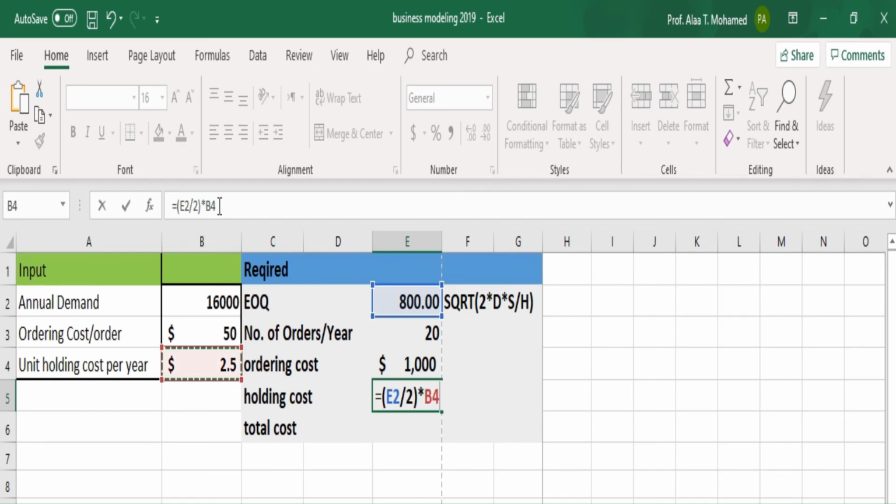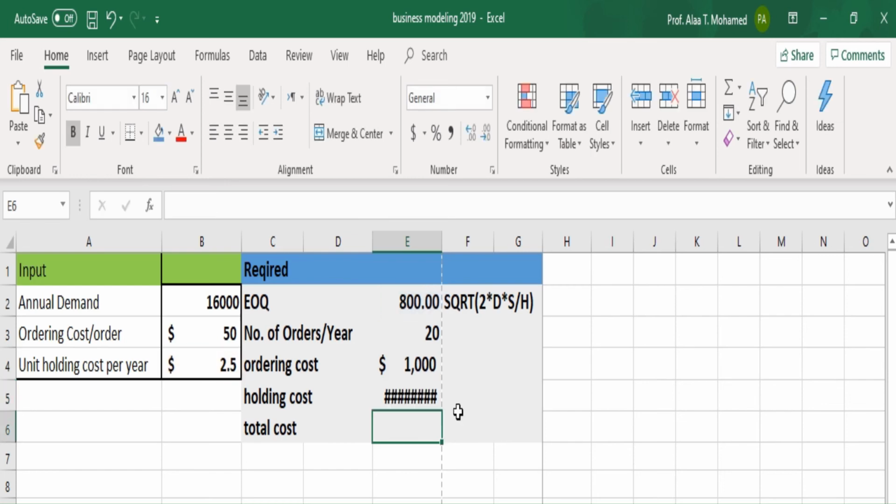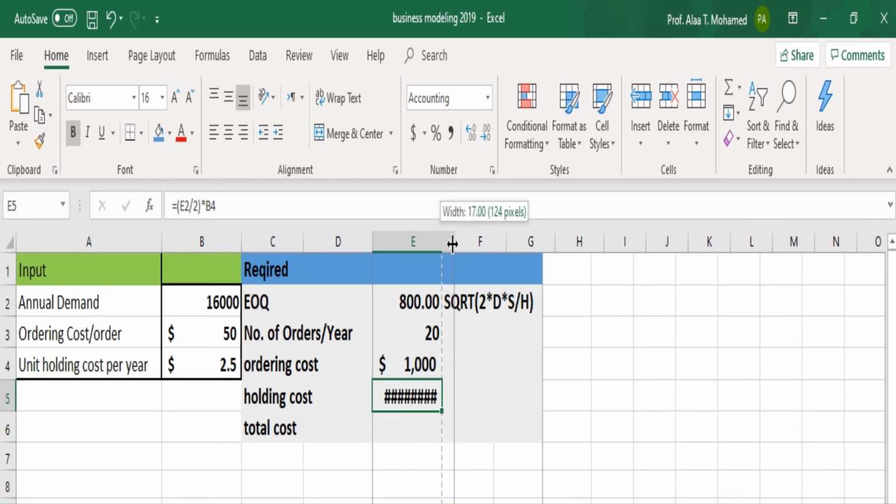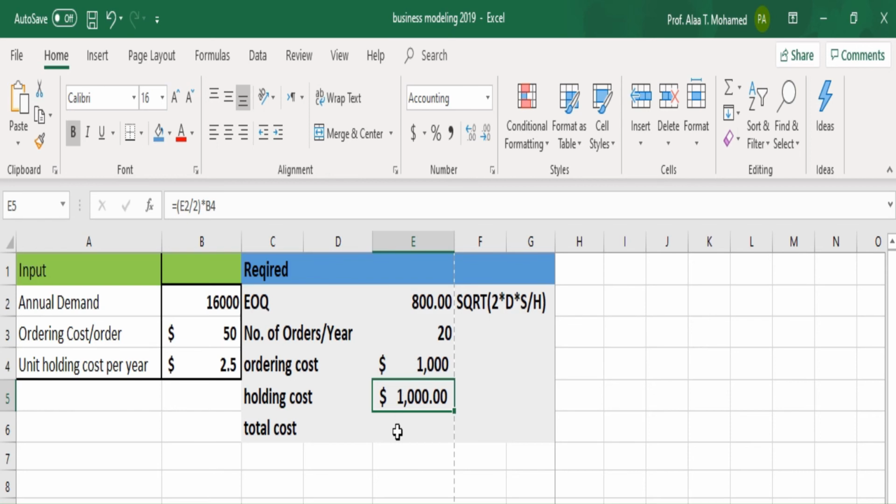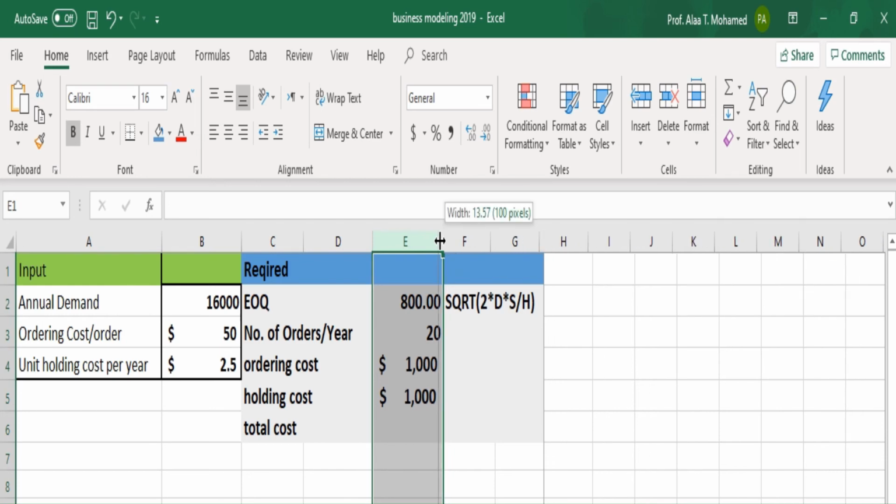So your formula will be holding cost, average holding cost, multiply the unit holding cost per year. Enter. When you see this, that means that the cell is not enough to show you the number. So it is also 1000. Okay, but we don't have any. We can make it smaller, decreasing the decimal.